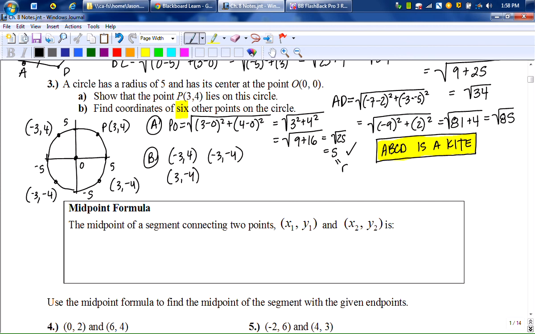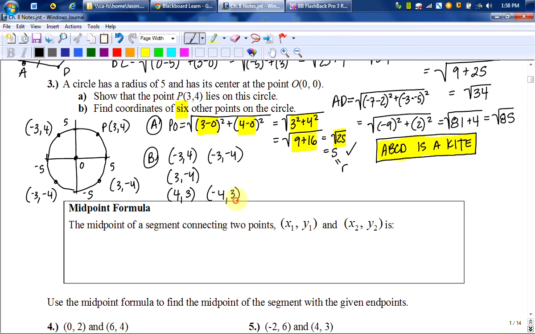In addition, I could flip-flop the positions of the x and y coordinates, which would cause them to change positions under the radical. But when I actually squared them, I would just have 4 squared plus 3 squared, and then 16 plus 9, which would still give me the square root of 25. So changing these should give me points that also lie in the circle.